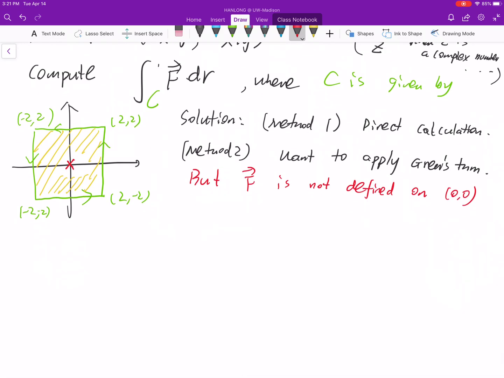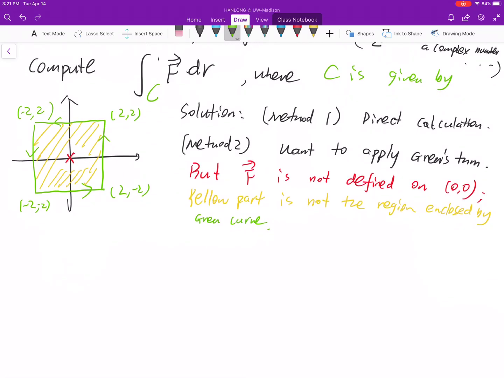Therefore, the yellow part is not the region enclosed by green curves.